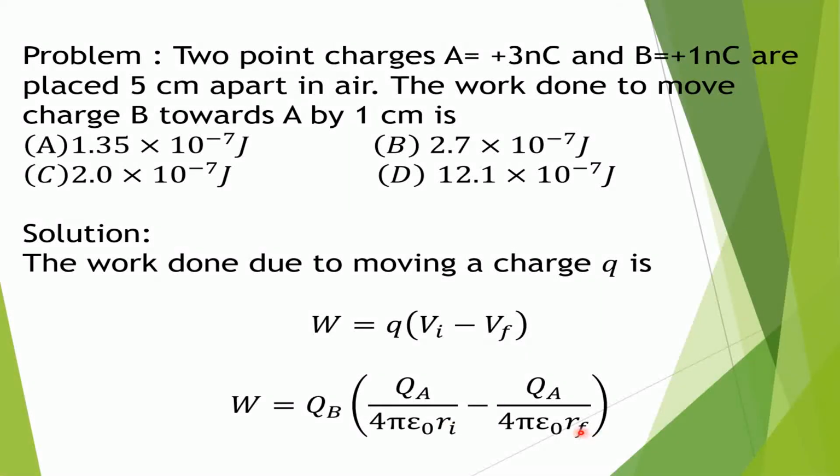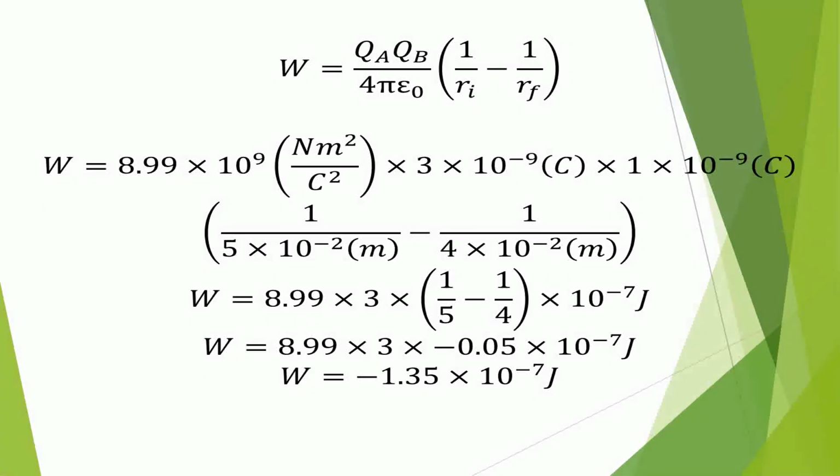Now to calculate the work done, we need to plug in the values and solve this expression. So here the work done is QA QB over 4 pi epsilon naught, and I'll get this factor. 1 over 4 pi epsilon naught is 8.99 into 10 raised to 9 newton meter square per coulomb square, and this is the magnitude of charge A, this is the magnitude of charge B, and now I have 1 over 5 centimeter, which I converted into meters, and this is also 1 over 4 into 10 raised to minus 2 meters.